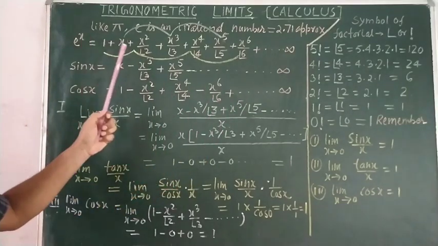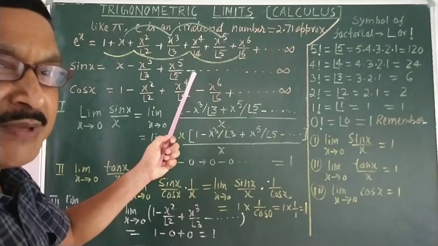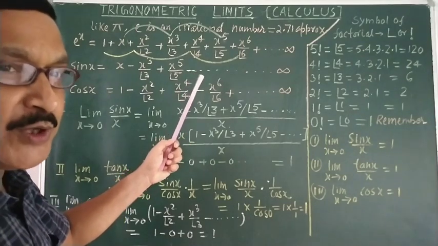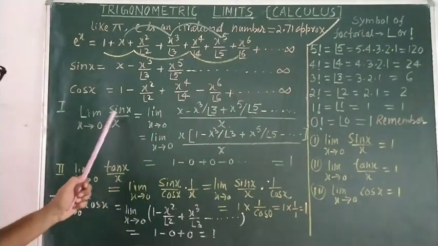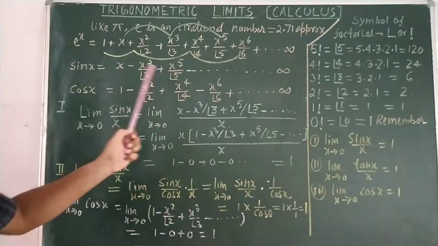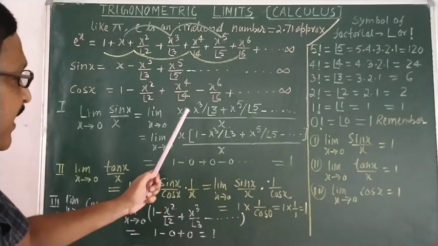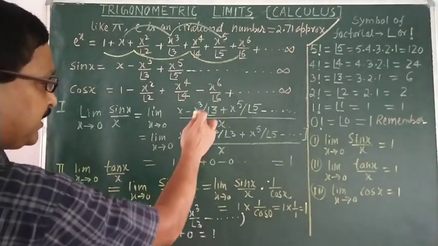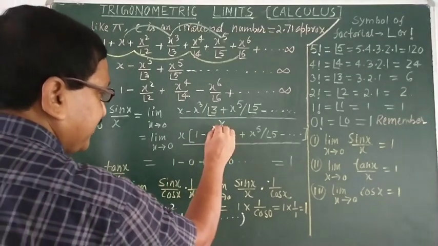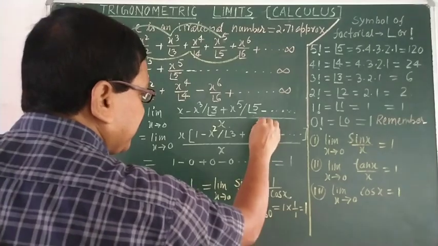After knowing this expansion, the proof of the expansion will be given to you in higher mathematics, before 12th class, not now. Now the limit of sin x by x, the first limit. Putting the value of sin x from here, sin x is equal to this, take x common. If x is common, x becomes 1, x cube becomes x square, x5 becomes x4.